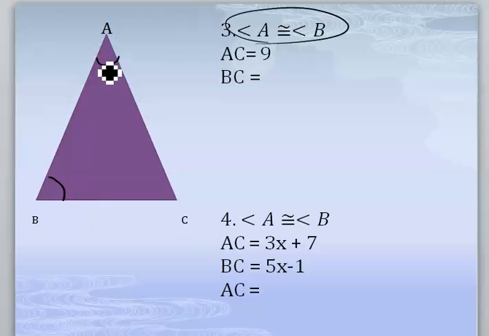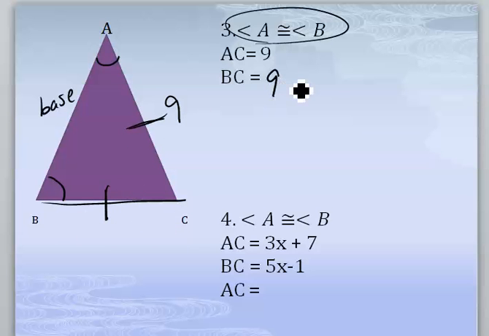So again, these two angles are called base angles. They touch the base. It's the other two sides that are going to be congruent, the ones opposite of A and opposite of B. Then it says AC equals 9. Find BC. Well, I know these two are congruent. I put my single slashes there. So if AC is 9, BC must also be 9.